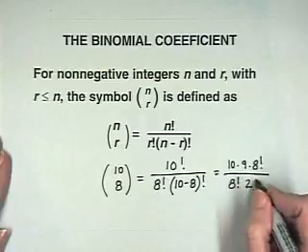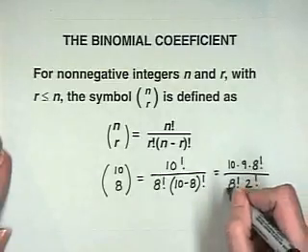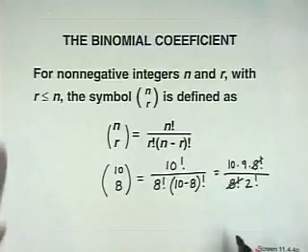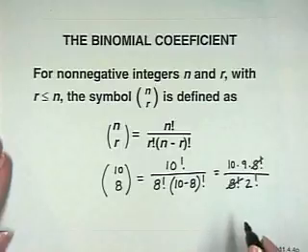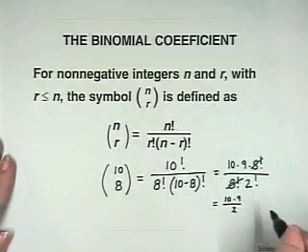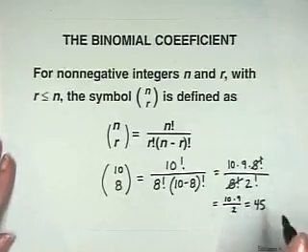Then we have 2 factorial. The 8 factorial, as we said, divides out. It's a list of common factors because it continues down 8 through 1. Then we're going to have 10 times 9 divided by 2, which is equal to 45.